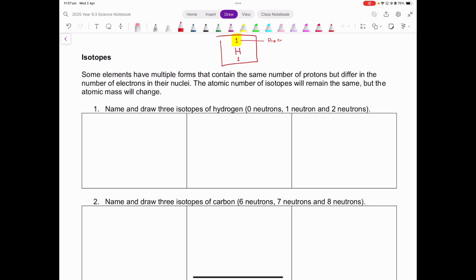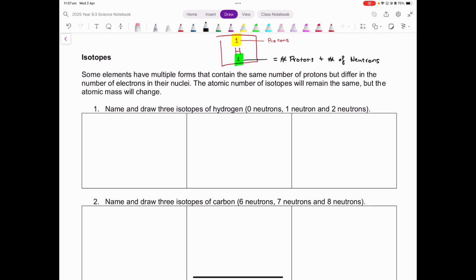Very good. Now, down the bottom, we have the atomic mass. And we learned that the atomic mass is equal to the number of protons plus what? The number of neutrons. So all of the things that are found in the nucleus.